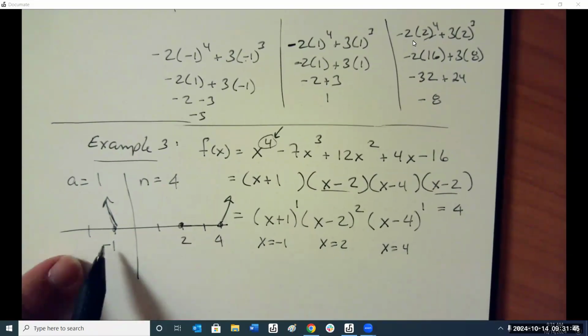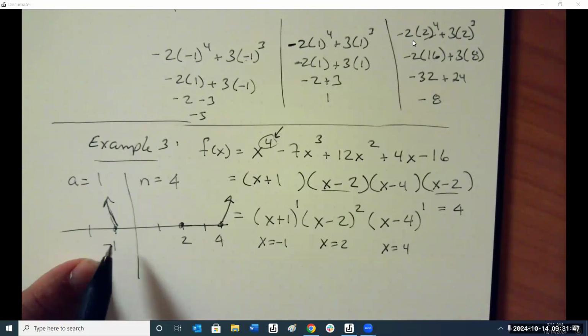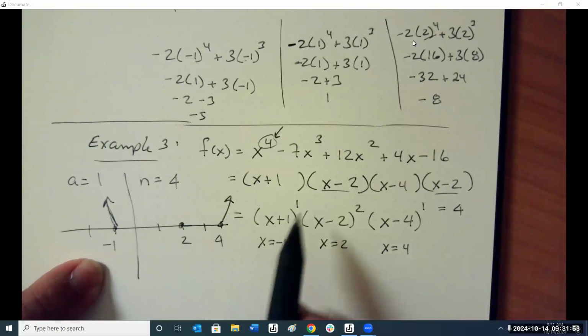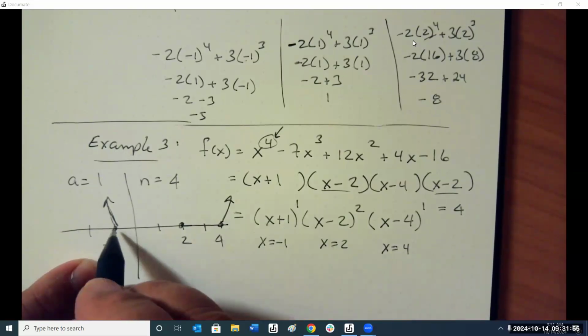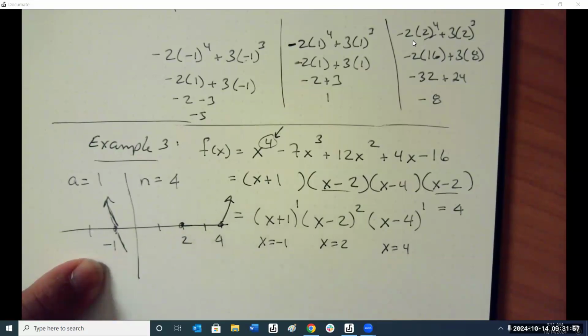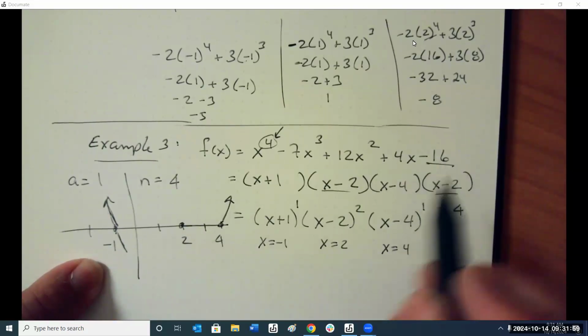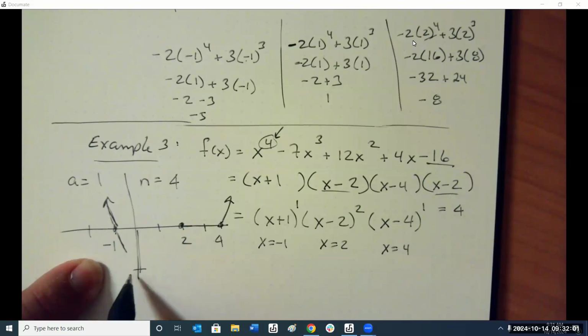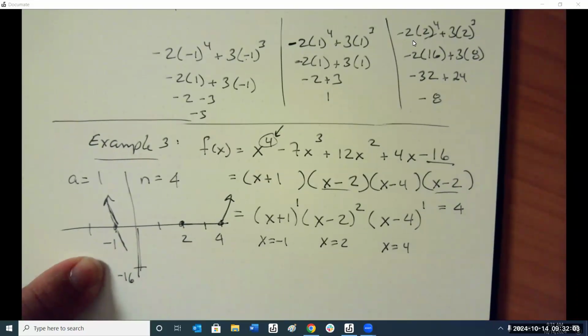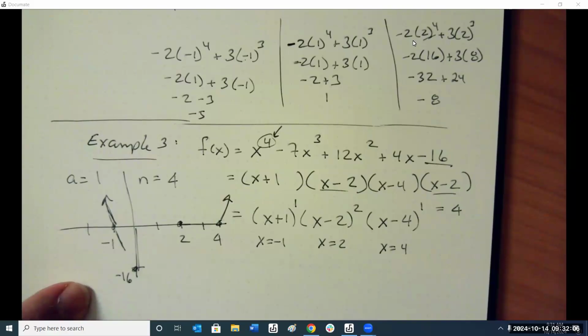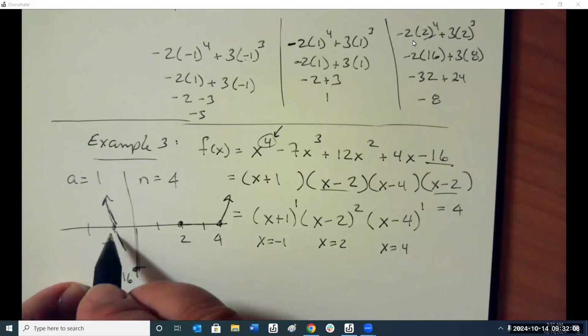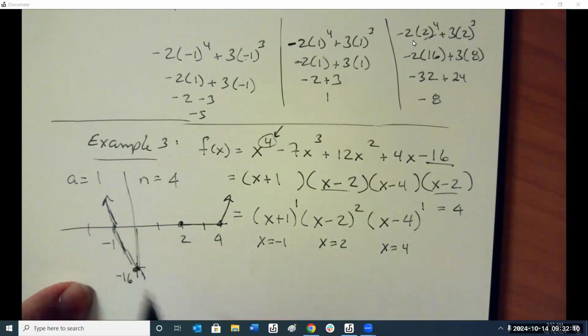Now, at -1, does it bounce or does it cross? Our multiplicity is odd, so it crosses. It crosses, very good. Remember, also our y-intercept is -16, so it's going to cross there.